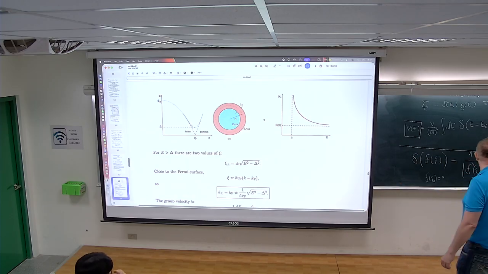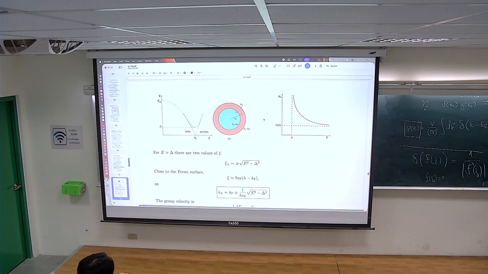So they take the sample, they put on top a tip, and they start to tunnel the electron from the tip to the sample. And they are able to measure how much energy you need, or they are applying a voltage actually between the tip and the sample, to put the electron inside of the sample.